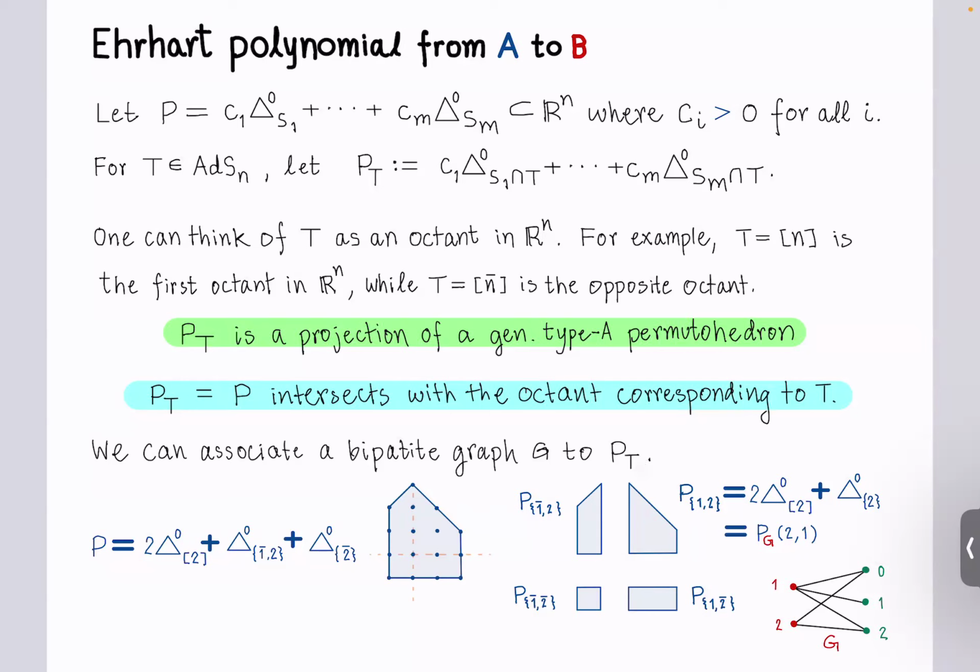Okay, so it is nice that you can view type B permutohedron as type A one, because now you can apply the technique that Postnikov did with type A to compute Ehrhart polynomials.